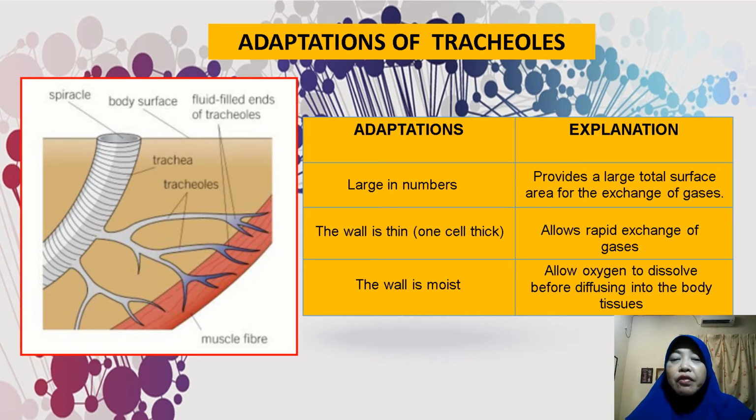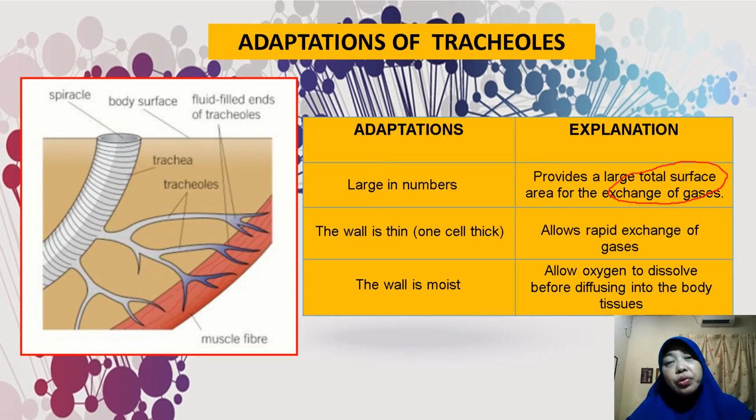The tracheoles are found a lot in the insect. Why should there be a numerous number of tracheoles found in the insect? When there are lots of tracheoles, they provide a larger surface area for the exchange of gases to occur. It means lots of oxygen can diffuse into the body tissues, and lots of carbon dioxide can diffuse out of the body tissues.